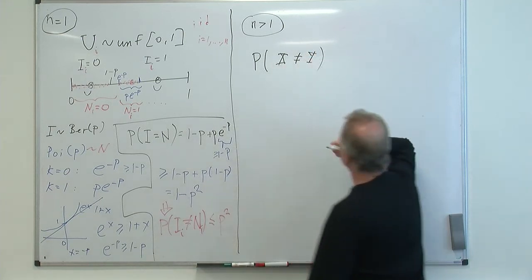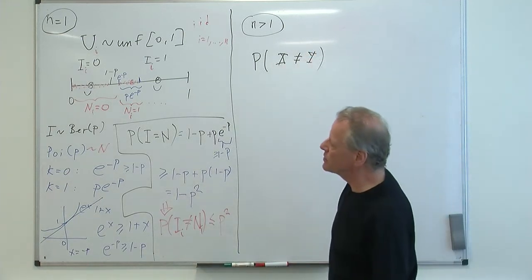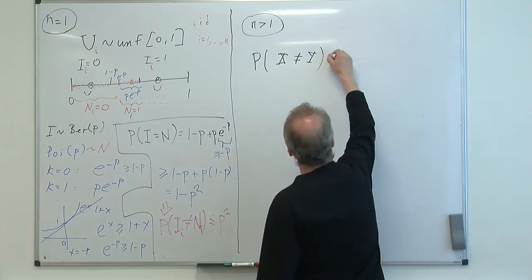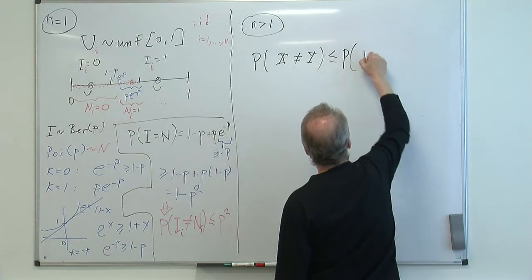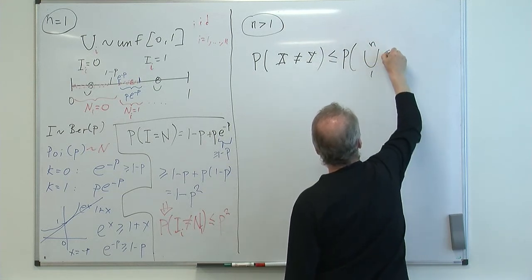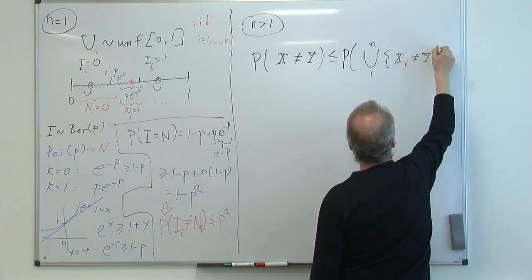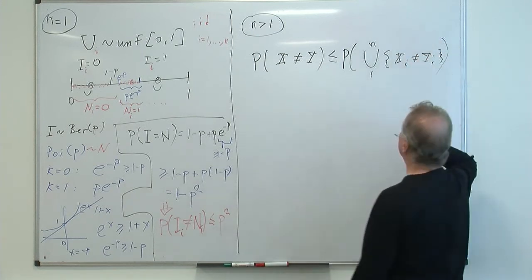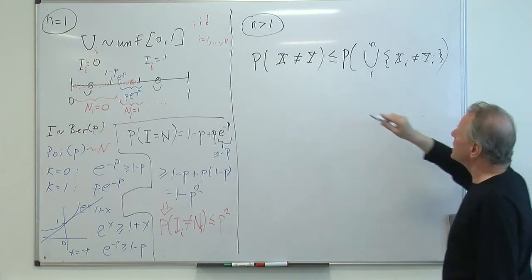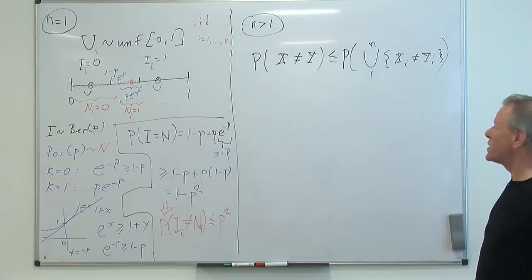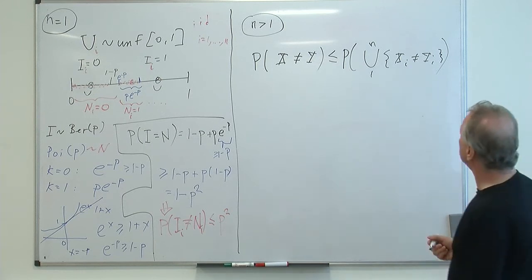What's the probability that these two sums of i's and n's are not identical? Well, this is less than the probability of the union, right? If they don't agree, some coordinates must disagree also.